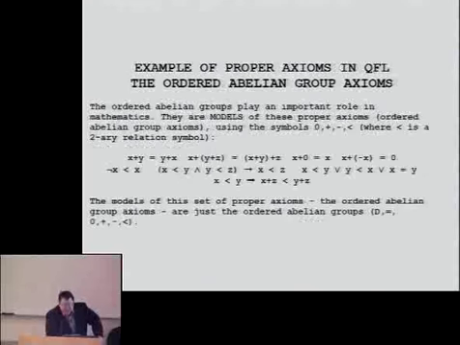All right, an example of proper axioms in quantifier-free logic, the ordered abelian group axioms. The ordered abelian group axioms play an important role in math. They're models of these proper axioms using the symbols 0, plus, minus, and less than, where less than is a two-ary relation symbol. So we have the familiar abelian group axioms in the first line.